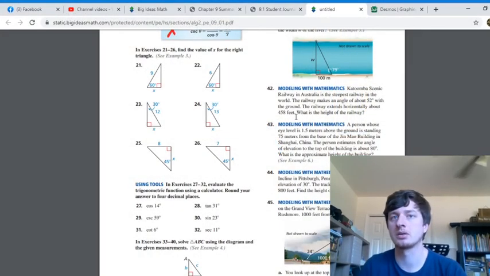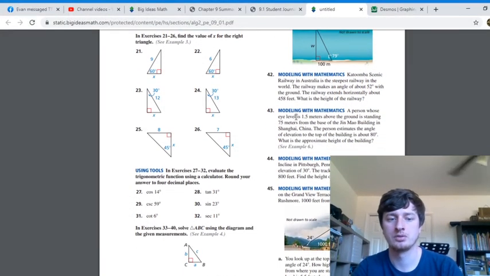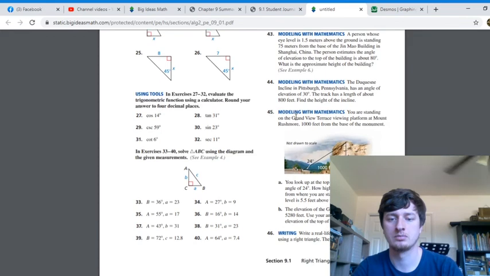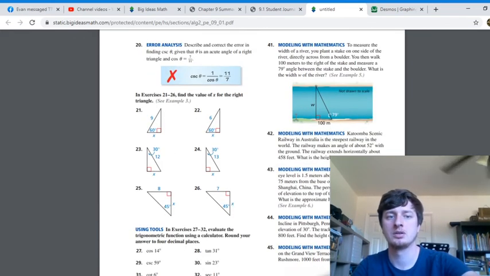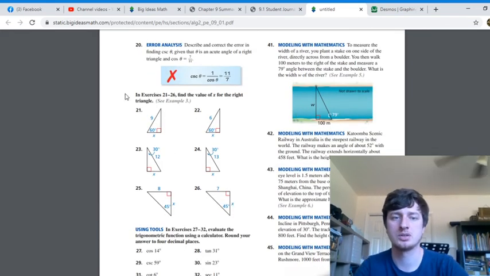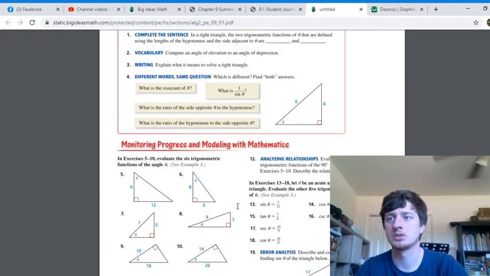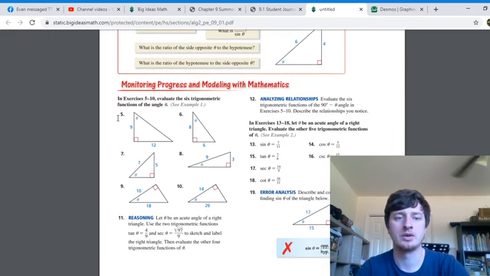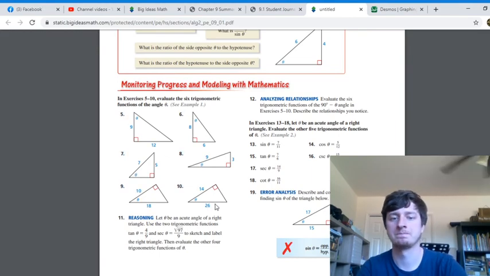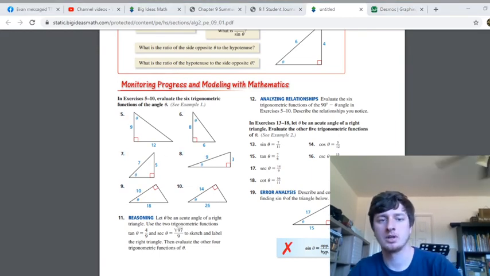And it looks like this book. Here's 467. Yeah, 467 there. These, 21 through 26, these ones right here. And then on the previous page. So that is it for today.